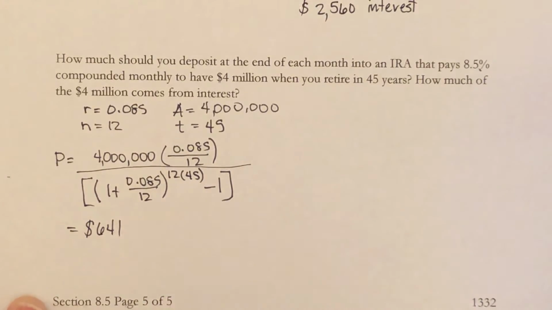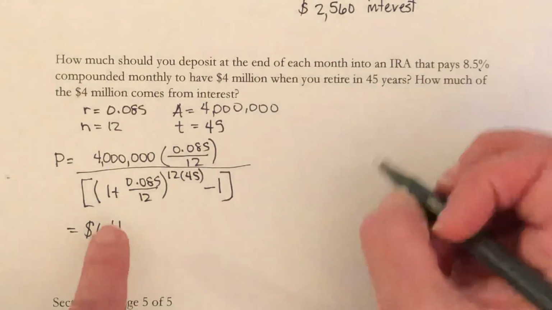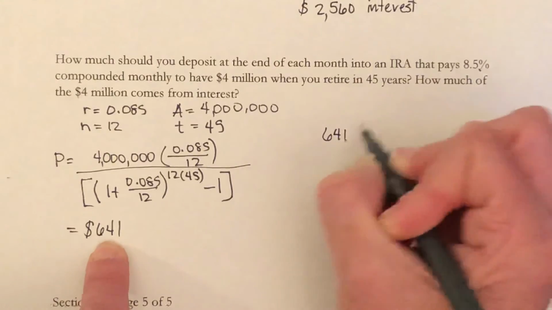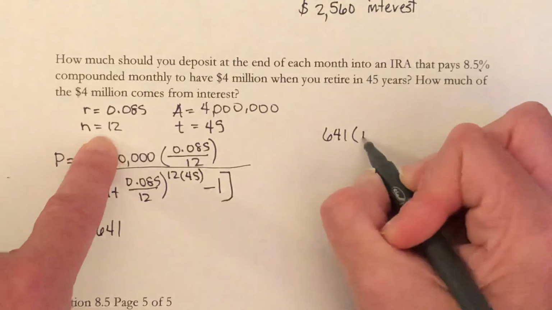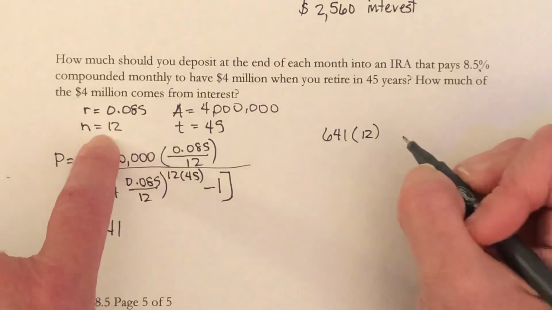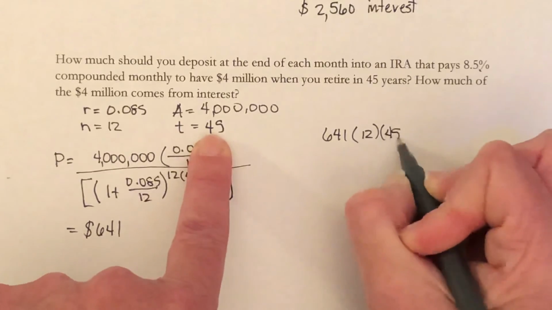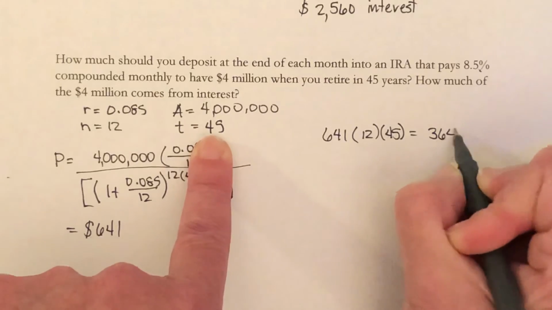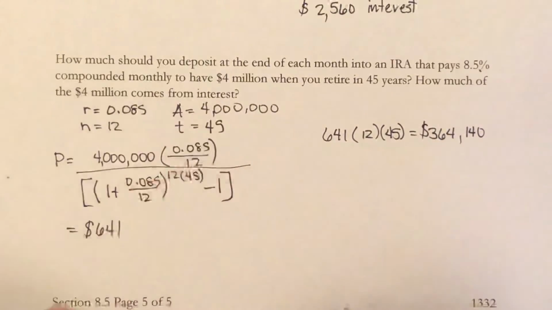So how much of our savings that we're going to end up with comes from interest? Well, how much did we actually deposit over the years? $641 times, it was every month, so times 12 times 45 years. That gives you $364,140 in deposits.